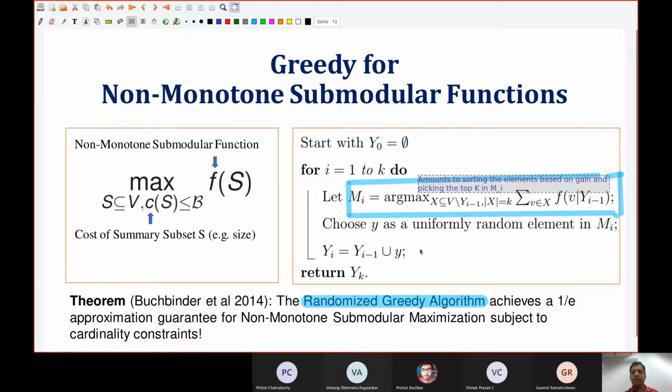What do you do typically in greedy? But now instead of subscribing to that X as M_i, you're saying no. From that M_i, I'm just going to pick one element randomly, a uniformly random element y_i in M_i, and only add that y_i. Don't add all of them.